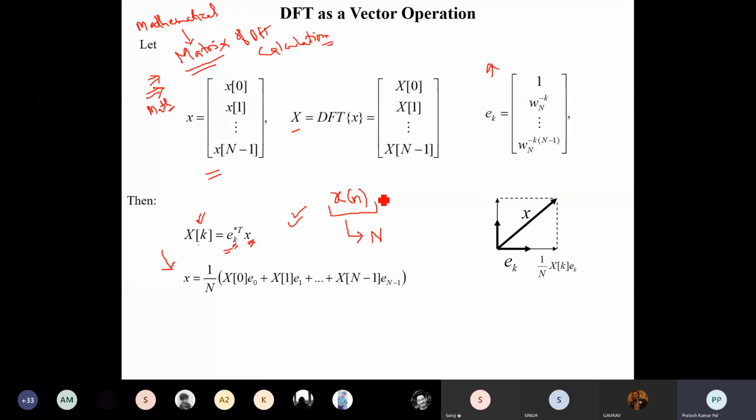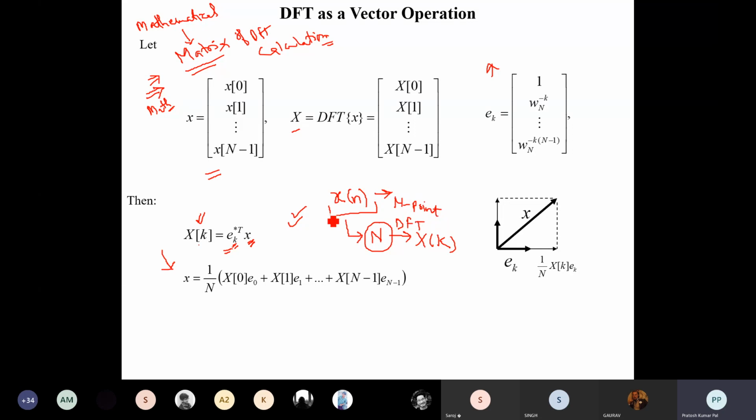Whatever the sequence, it is a discrete sequence, so inside the sequence we will have n number of samples. If capital N samples are there in x of n, then the DFT x of k that we calculate is called an n point DFT.